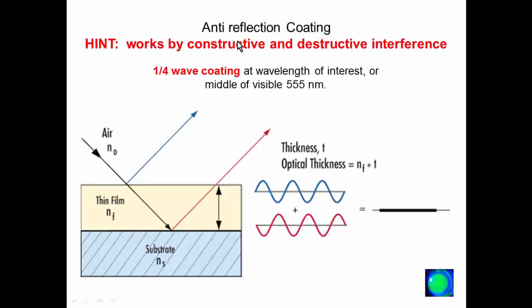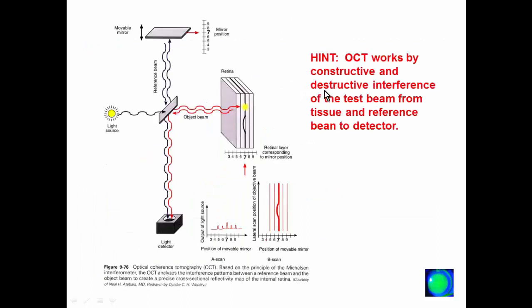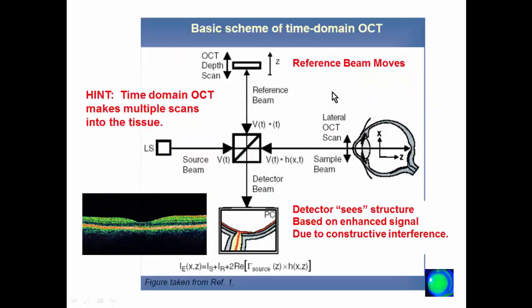Anti-reflection coatings are placed on a lens, and the thickness of the coating is some multiple of 1/4 of the wavelength that you're trying to constructively or destructively interfere with to reduce the glare. Your OCT works by the principles of constructive and destructive interference.